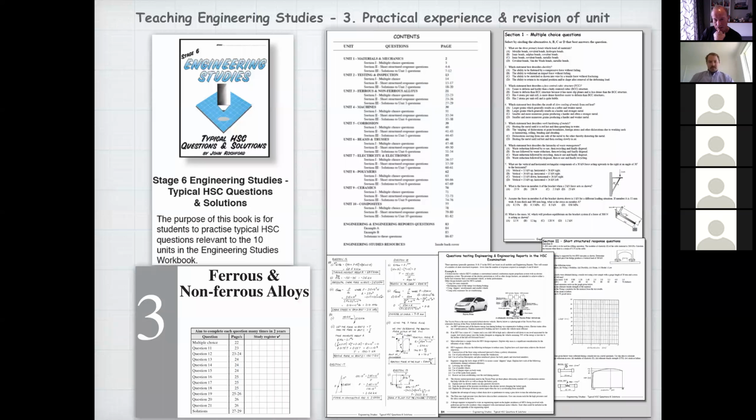Now, I'll just go through the practicals after this. And then when I've finished a unit, I'd go to this book here, and we'd spend 2 or 3 periods doing all of these questions related to what the unit involved. And so this book here, they get experience with multiple choice, which is the first 20 questions in the engineering studies paper. And then they do extended response questions down here, and all the answers are in the book.